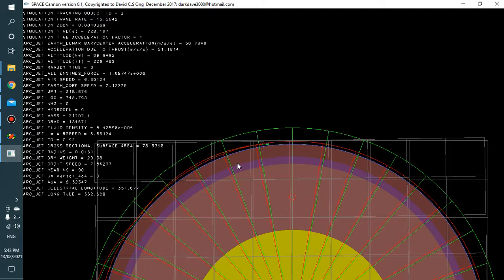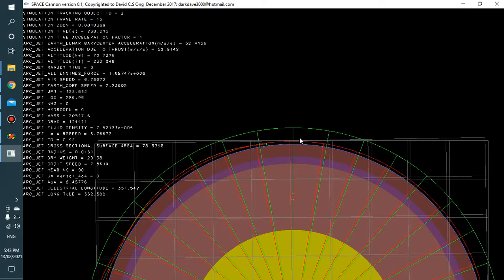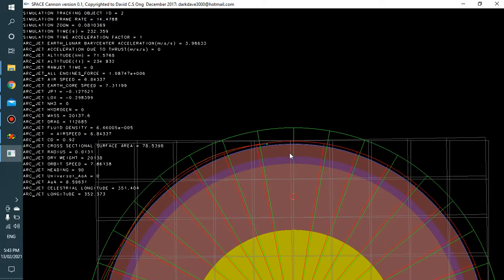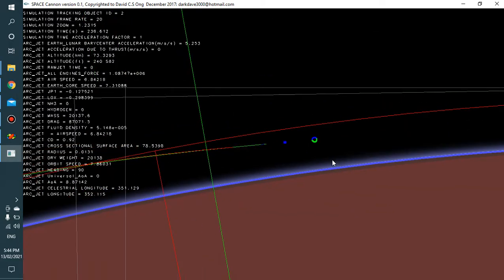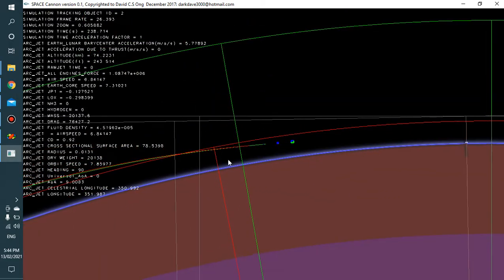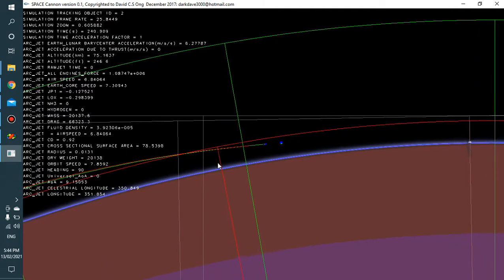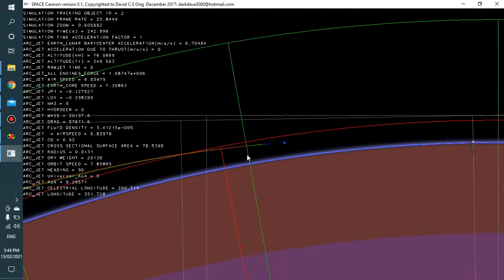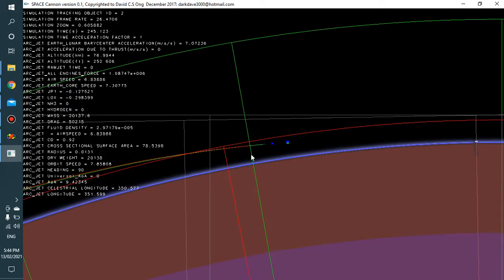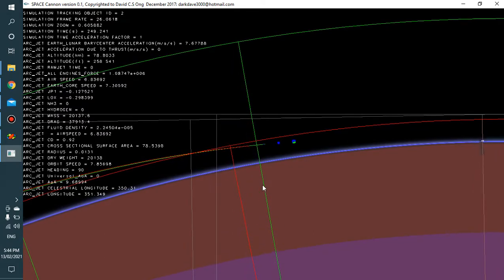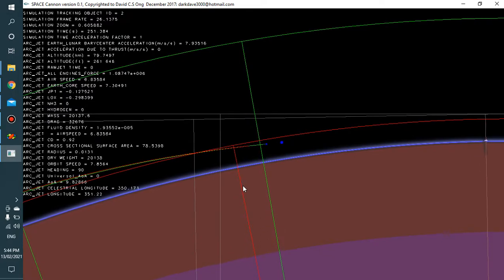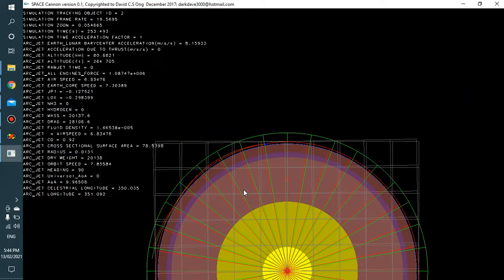So the Earth rotates. That's why this red line is constantly moving away from the green line, right? We're talking about these longitudes here, and that's because the Earth is rotating in real time in this model. This is an ultra-realistic model of the Earth.